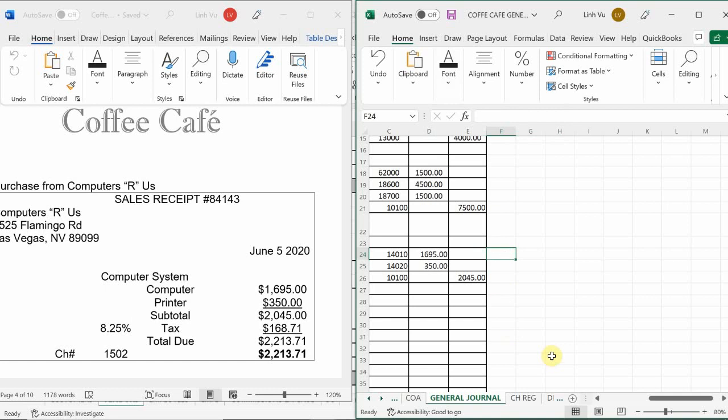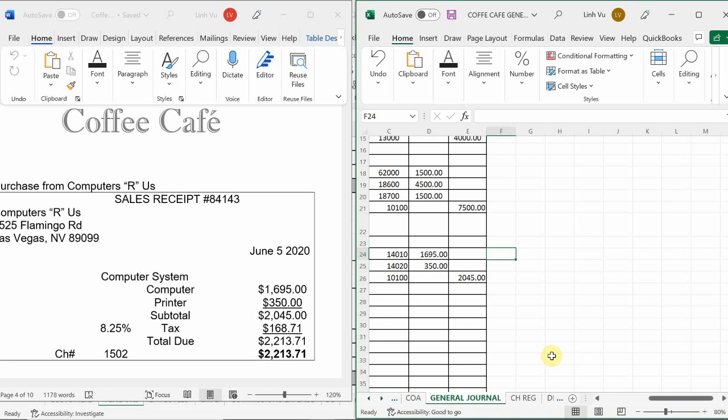Sales tax payable. We are paying the tax, not owing it. We're paying my vendor at time of purchase. So remember, we established that it's going to be part of the cost of the asset, right?